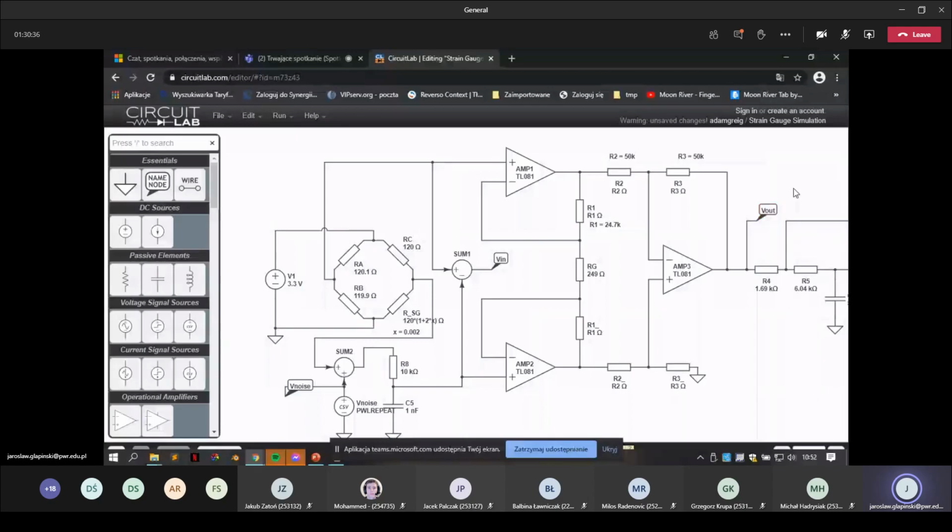I don't know what the amplification ratio is. It's probably 500 or something like this, because if you remember, this model of amplification depends only on this resistor. I don't know how to calculate it now, but maybe it's not the problem.